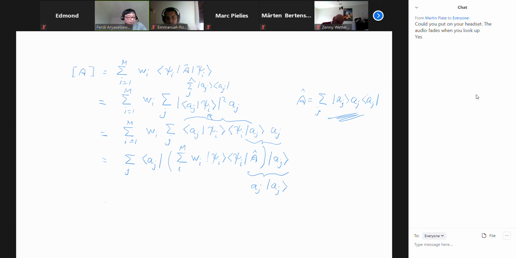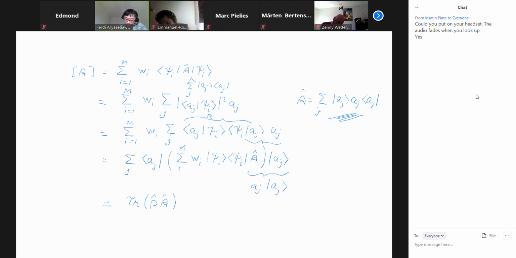So the interesting thing about this is then, this is in the form of a trace. So we have the trace of what we call a density matrix, so density operator, and A, like that.